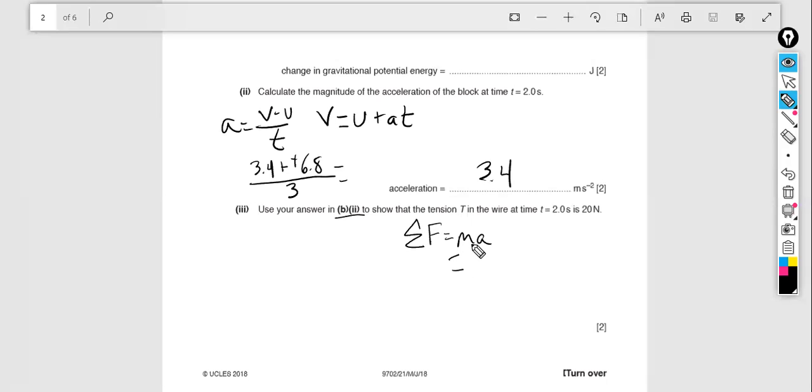What is the mass of the block? We may not know the mass of the block, but we know the weight of the block is 15 newtons. And we know that weight is equal to mg. And we know that on Earth, g is 9.81. Let's use newtons per kilogram. Remember, a newton per kilogram is the same thing as a meter per second squared.